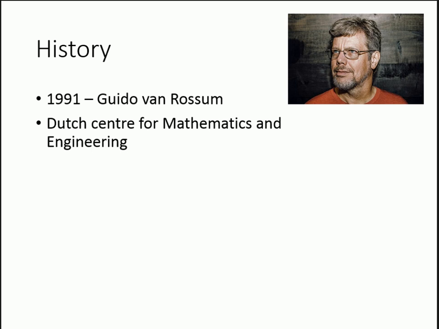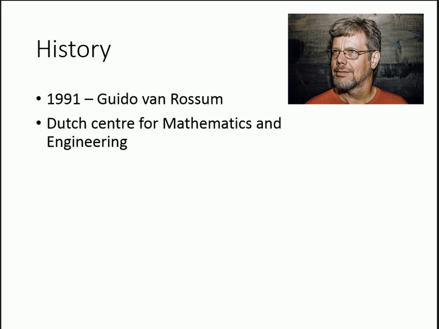What he'd found was that most of the programming languages he was used to working with at the time, Pascal and C, which were quite heavily used, were not helping him produce very good code quickly, and they weren't allowing him to focus upon the mathematical problems and the engineering problems he was trying to solve.